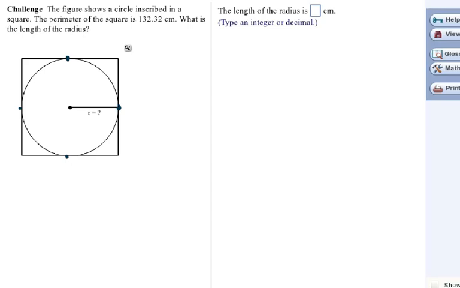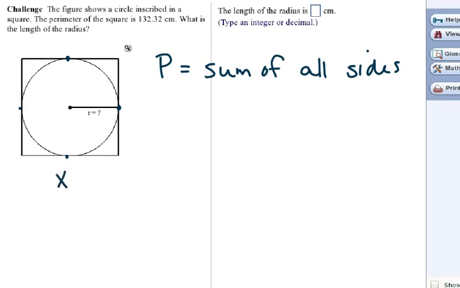So we should know that the perimeter is the sum of all sides. And we have a square here, so that means all the sides are the same. So if we call this x, the perimeter would be x plus x plus x plus x, which is 4x.